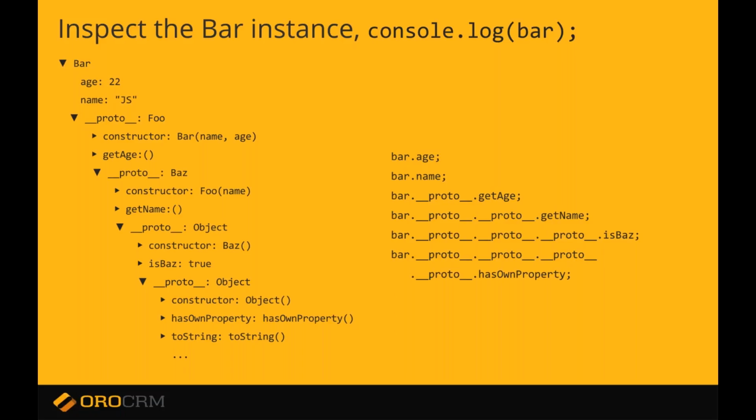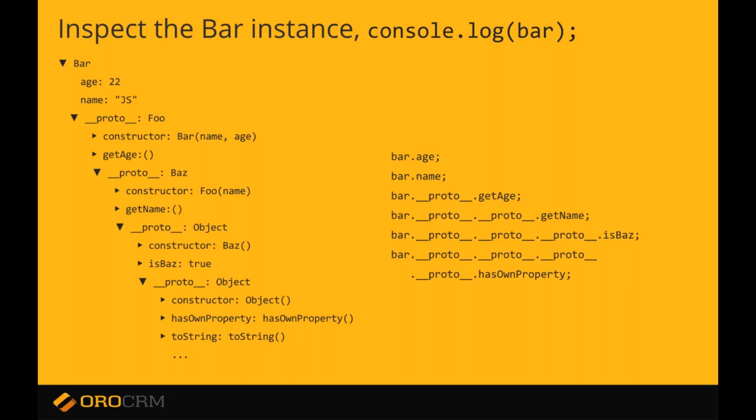Its proto is created by foo constructor with two methods, and now foo proto is created by bus constructor with two properties. And now bus proto is created by object with two properties, constructor and is bus property, and its proto in turn is referenced to the object prototype.